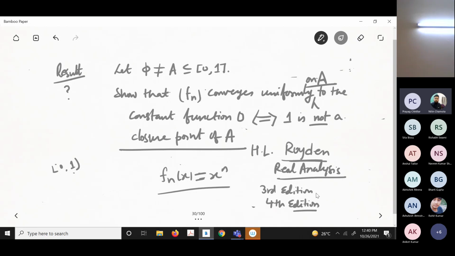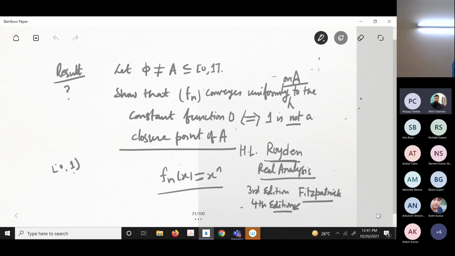So the person who revised that book to the fourth edition, I think, is Fitzpatrick. The Indian edition is available. In this book, you can find the proof of that also. Our proof is a bit different because we use the straight definition of compact sets instead of the sequential characterization. Okay, I will come to that point.